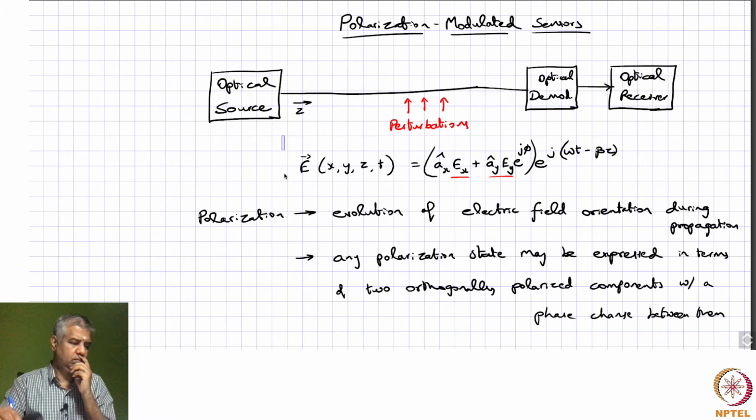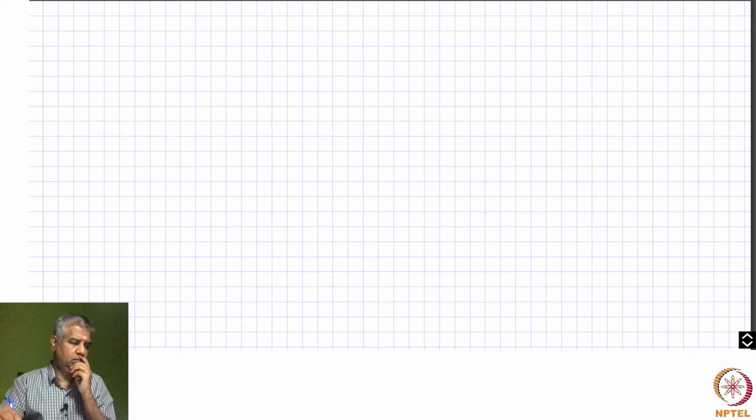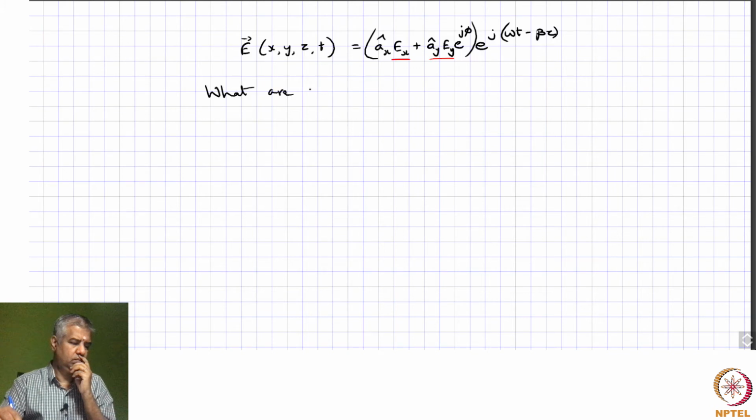So what we are saying now is Ex has a certain amplitude, but Ey does not have as much amplitude. Both are in phase.